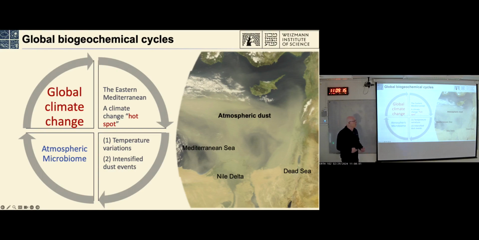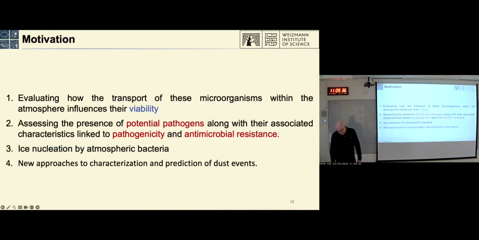We are undergoing tremendous, very fast changes of warming, drying, and there are changes in the patterns of transport of dust. And so all of this is related and can have consequences for biogeochemical cycles.